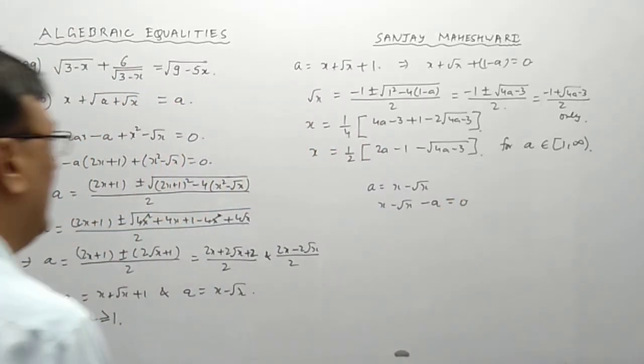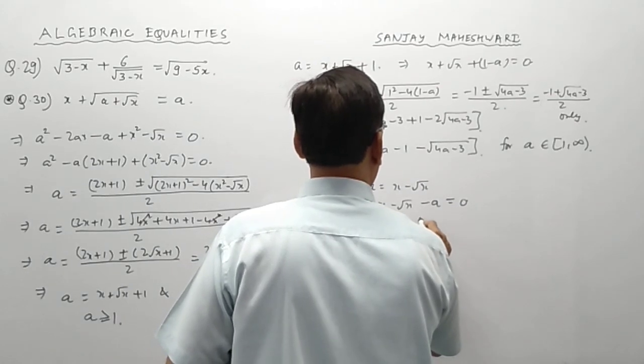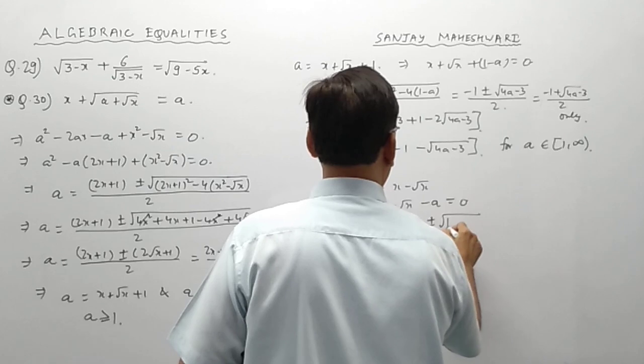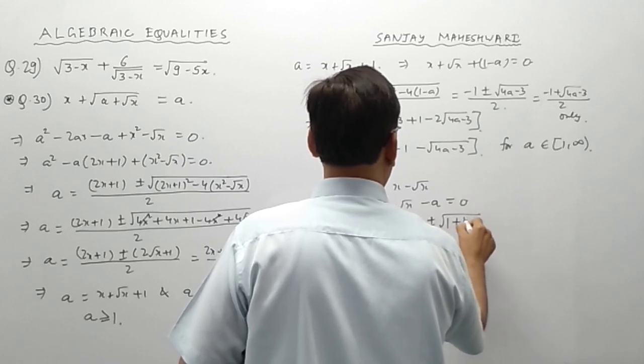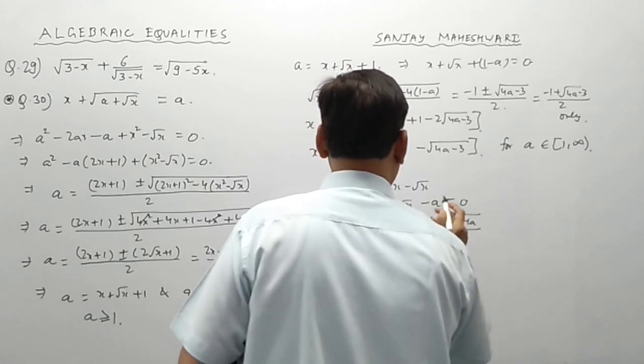Then root x equal to 1 plus minus root of 1 plus 4a divided by 2.